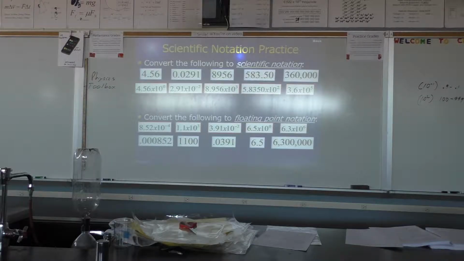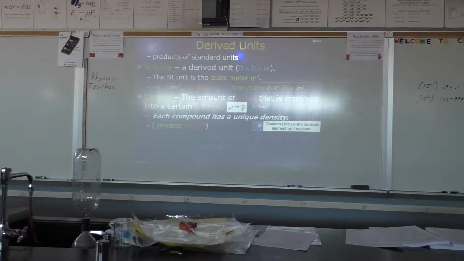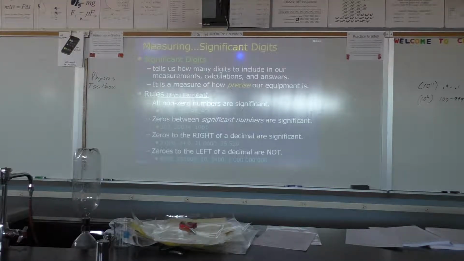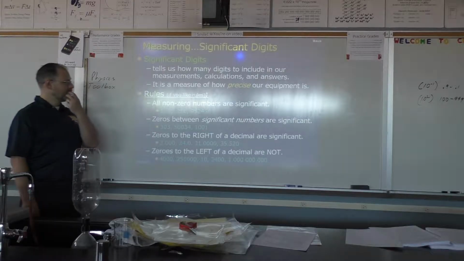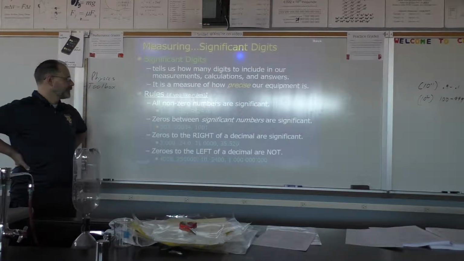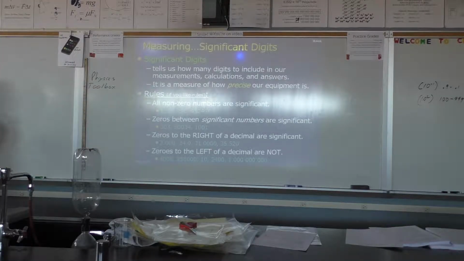Okay, we're going to talk about scientific notation and then significant digits. I want to skip over this and come back to units so we can just get to significant digits. Okay, so here are the rules. I'm not a big rule fan, but here are the rules with significant digits. Obviously all non-zero numbers are significant. Zeros between non-zero numbers are significant, and zeros to the right of the decimal are significant.